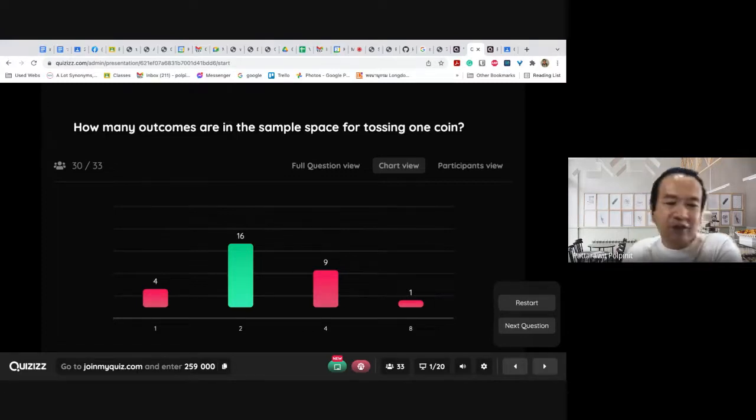As you can remember, tossing one coin has only two possible outcomes: either head or tail. Most of you got it correct. Some of you answered four, and I'm not sure how; maybe you misunderstood the question. Okay, next one.